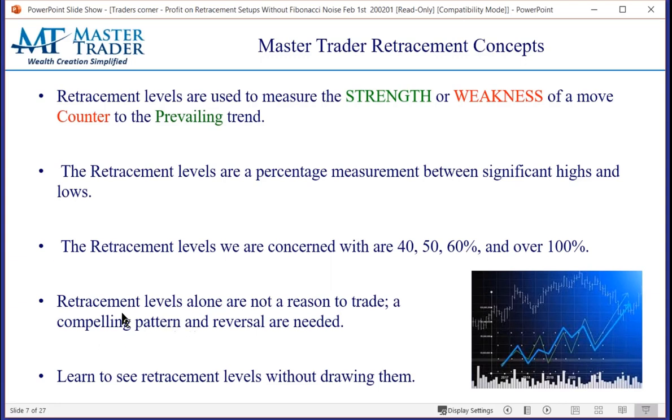Retracement levels alone are never a reason to trade, although some in the industry might tell their people that, oh, I have this proprietary retracement level that nobody can see except my computer I've made. So when it hits this level, just hit the buy button. That, in our opinion, is such a novice approach.